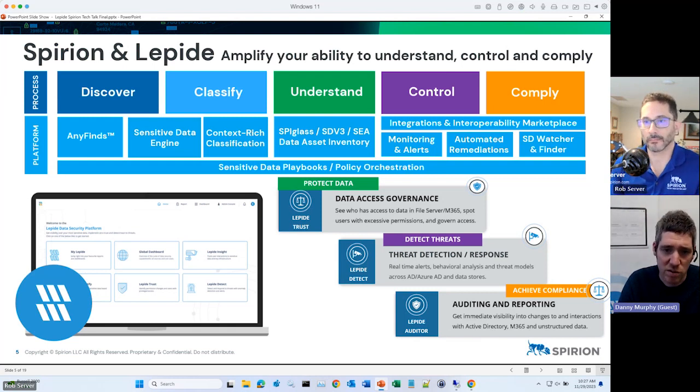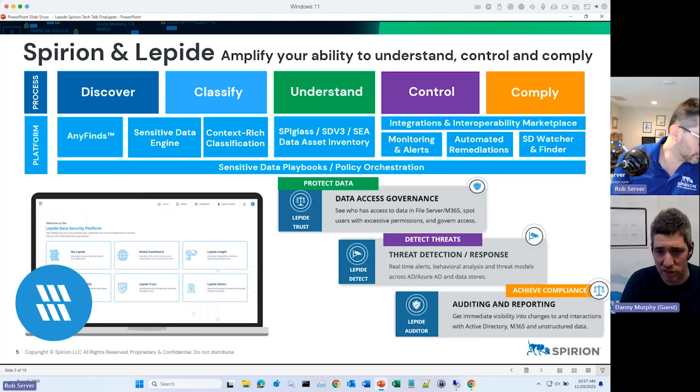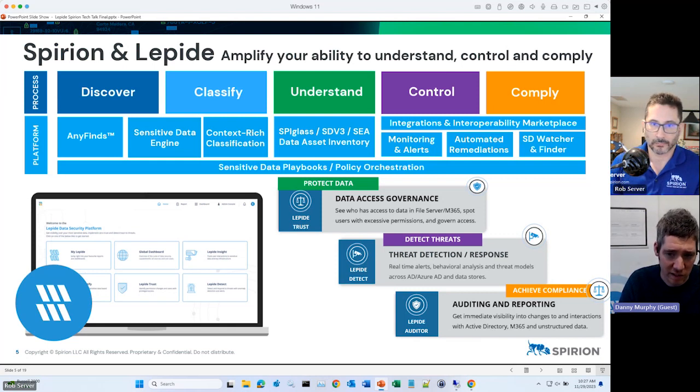When we talk about protecting data, we're really talking about access governance. Once again, understanding who's got access to what, understanding if permissions are excessive, and ensuring that only the right users get access to the data to perform their job functions, making sure that they're not overprivileged. Excellent.